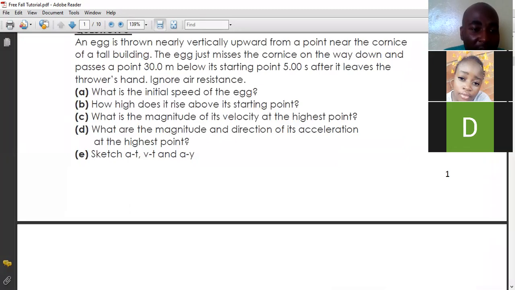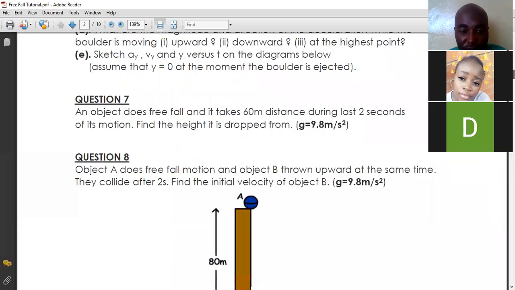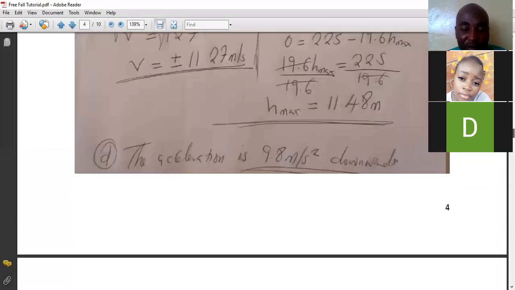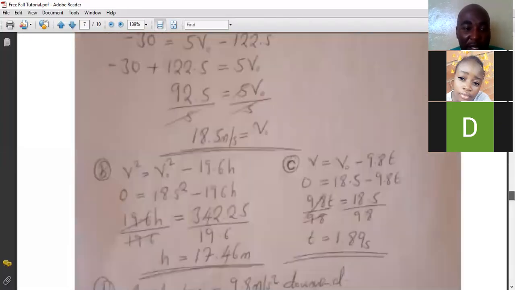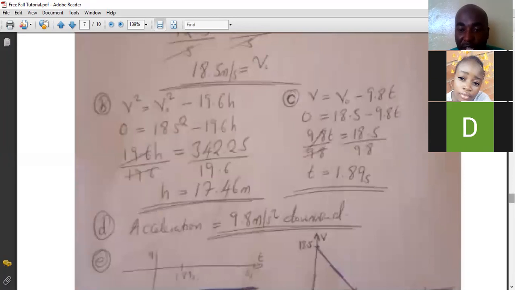What's the magnitude of its velocity at the highest point? As you are going through, you should even add D, find the time at the highest point too, so that it makes sense. I made a mistake on your tutorial. Even C should just be straightforward. I was finding time, but the answer is here.